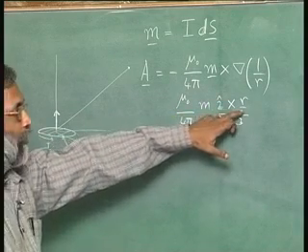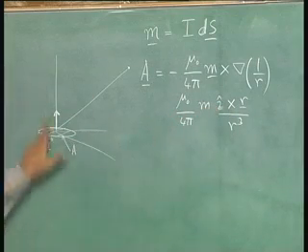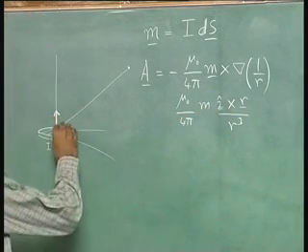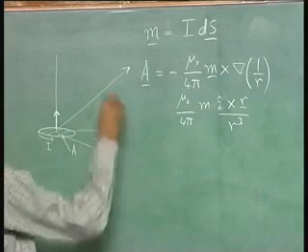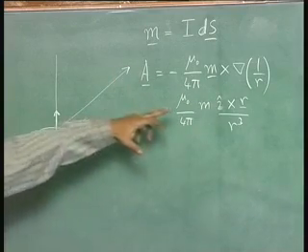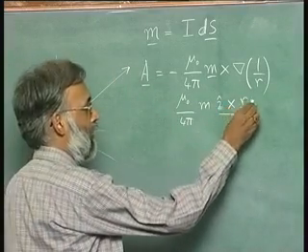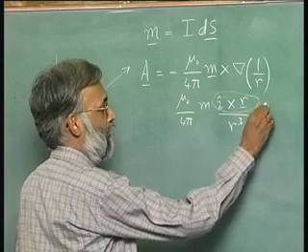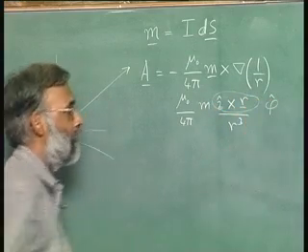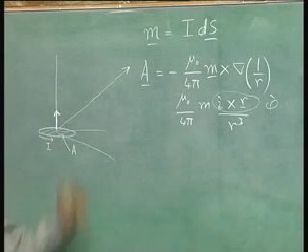Clearly, z hat cross r, z is in the vertical direction, r is this direction. So, the cross product is in the direction into the board.